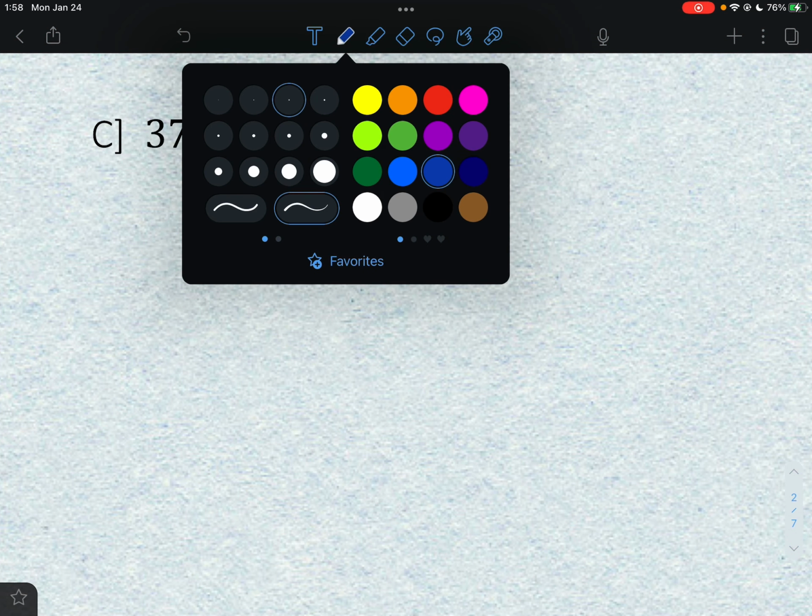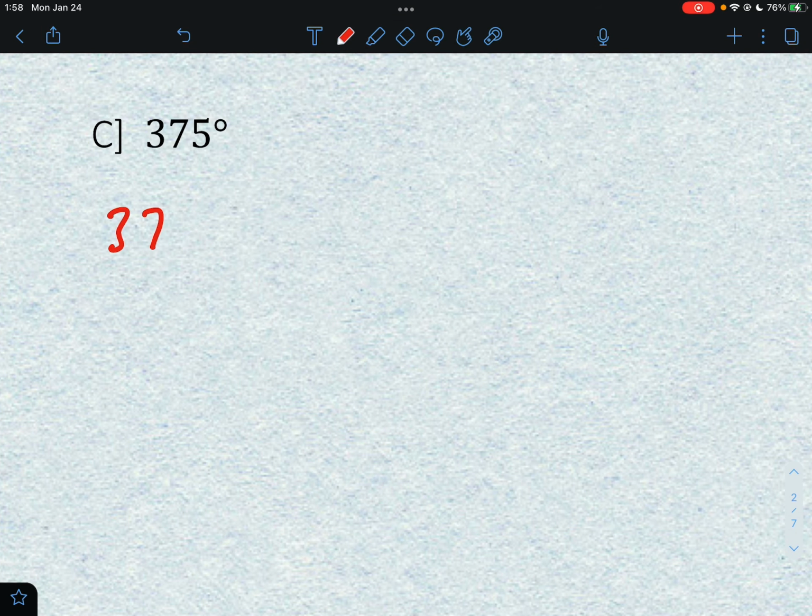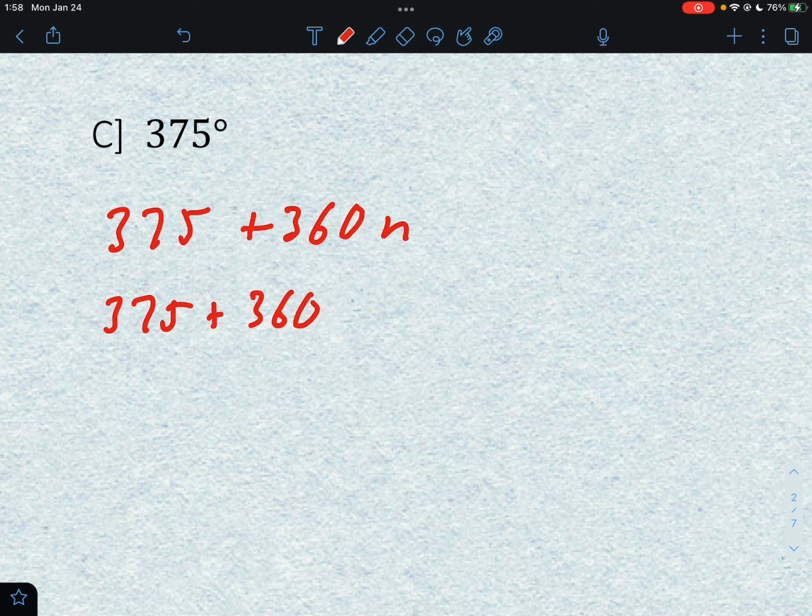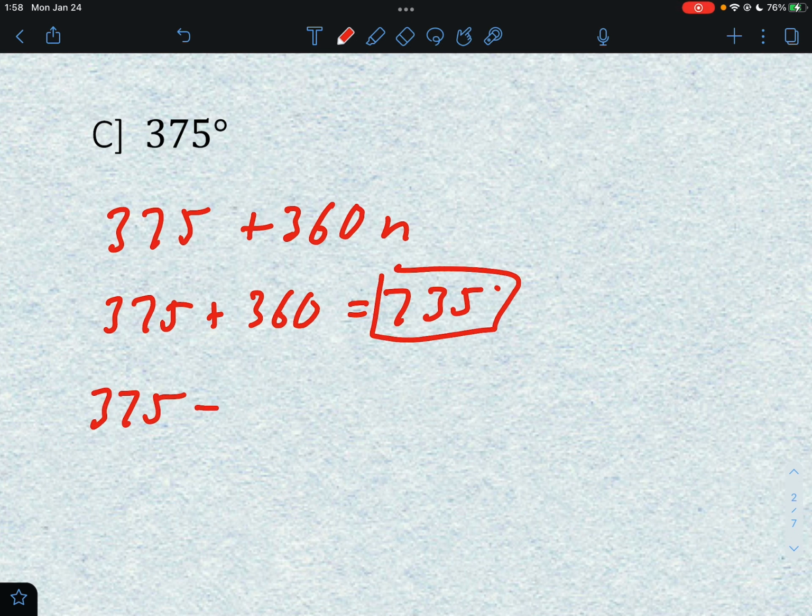All right, last one, 375. So 375 plus 360n represents all angles. Okay, if we add 360 to that, that would be 735. That would be our positive angle. However, this time, if we subtract 360 from this, we get a positive answer again of 15.